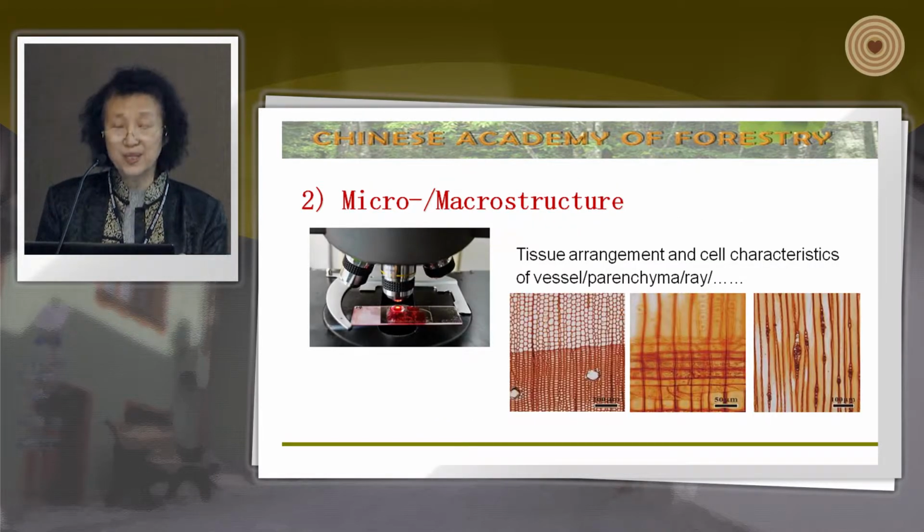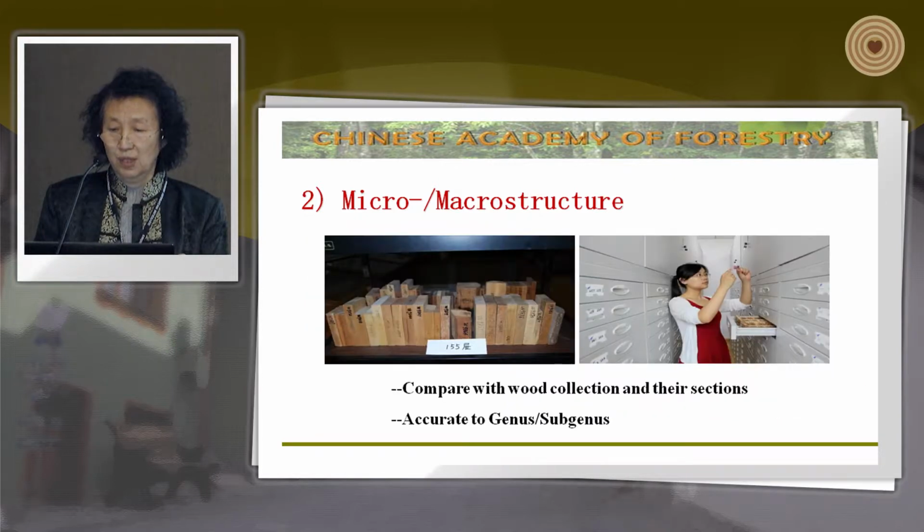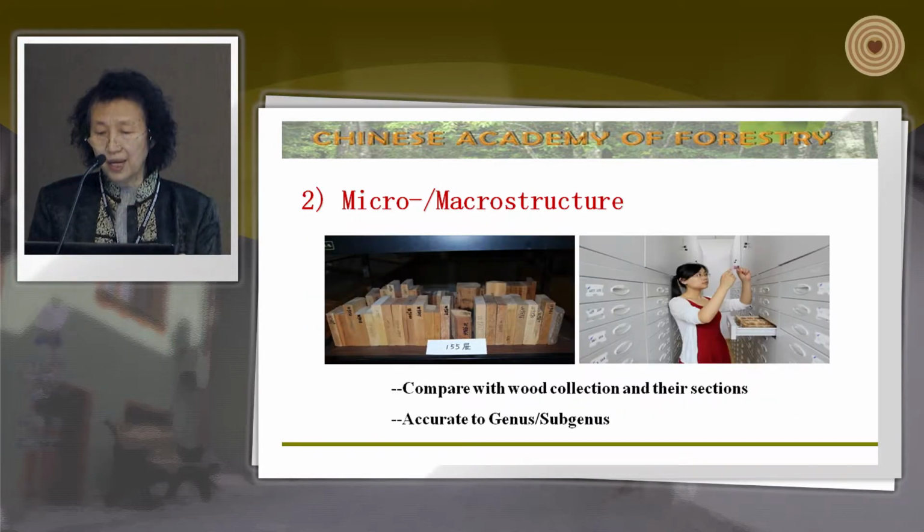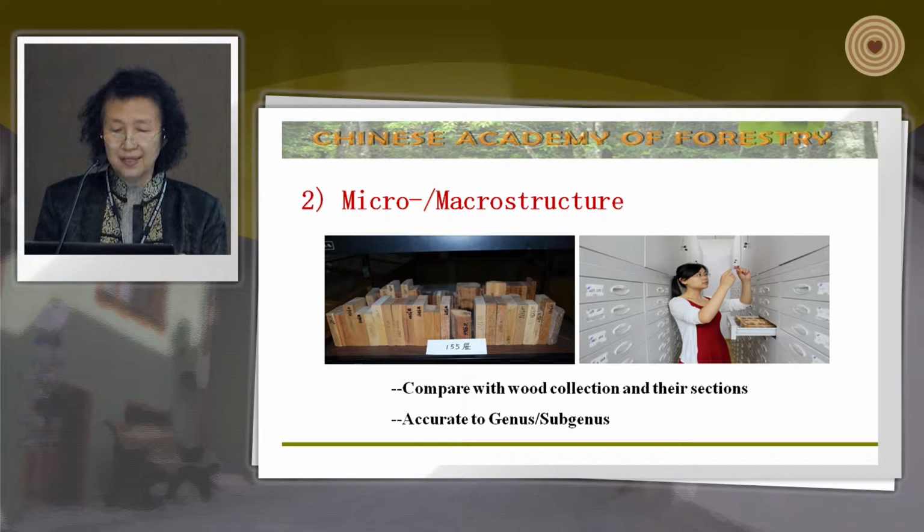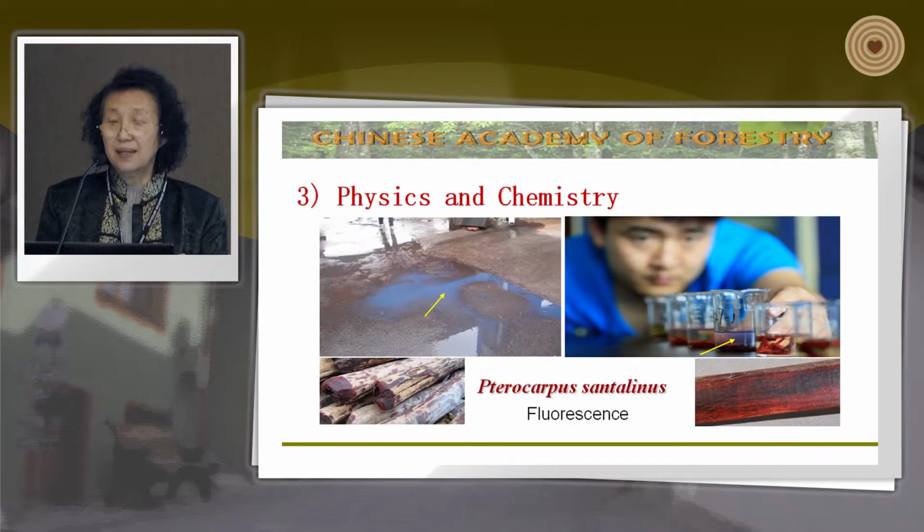The tissue arrangement and cell characteristics, such as vessel, parenchyma and ring, are observed under the microscope. Then compare with the wood collection and their sections. Actually, this method identifies to the genus and subgenus. Another method is physical and chemical.